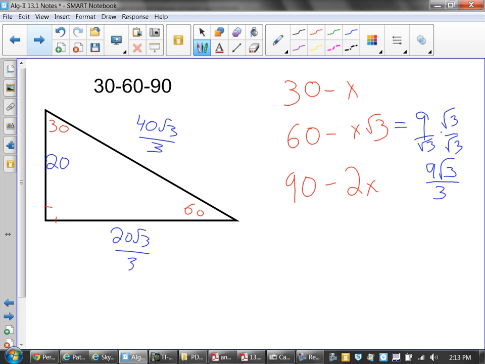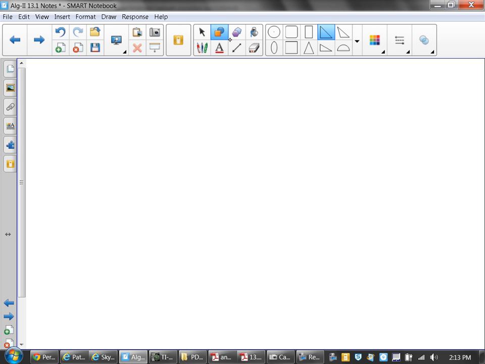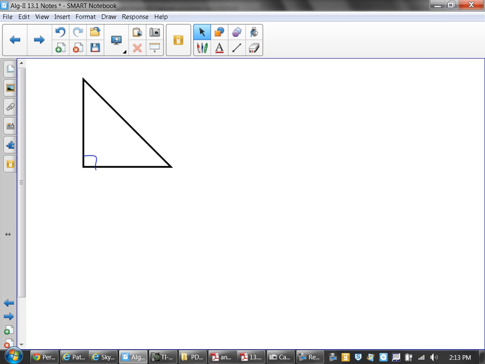Now, the real big important part of working with the specials is using the special right triangles to develop all of the trig functions. So let me look at this. If I go back to the 45-45-90 and I call my side lengths 1, what's the hypotenuse? 1 times the root 2.